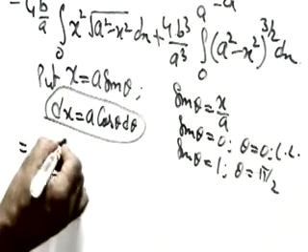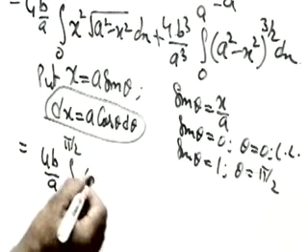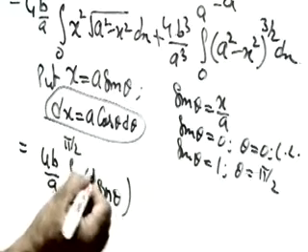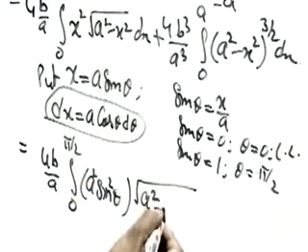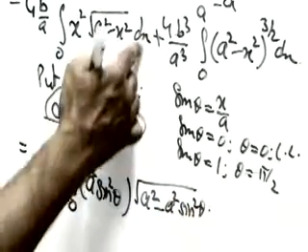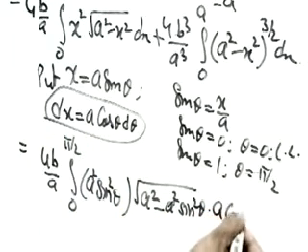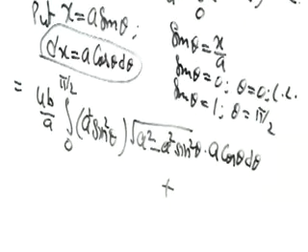So this equals 4b by a. Now what are the limits here? Integration 0 to pi by 2. X is a sine theta, so applying the square here, under root of a square minus x square will become a square sine square theta, into dx. Dx value is a cos theta d theta, plus, let me substitute here also.